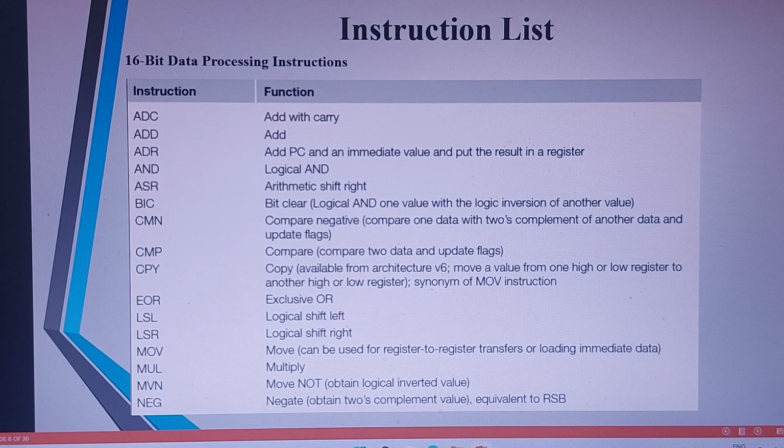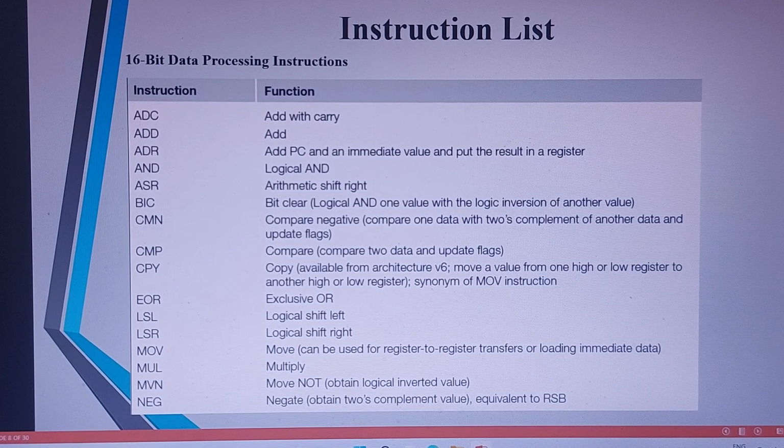Then next is exclusive OR, that is an XOR operation. So if both the bits are the same, the result will be 0, and if the two bits are different, then the result will be 1 in case of XOR.